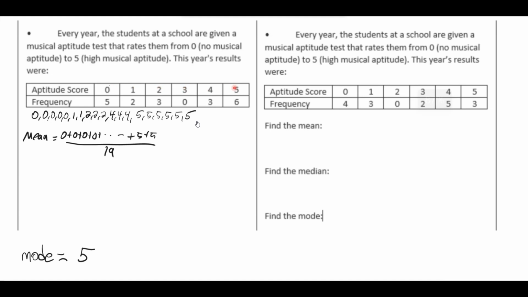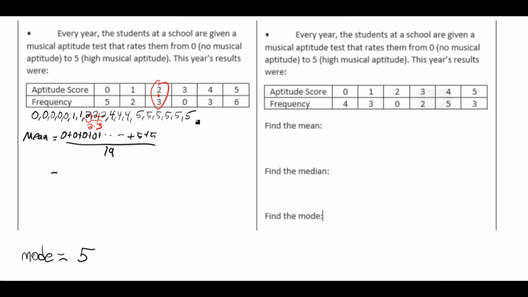So how would we do it? If I were to add these all up, notice that, for example, with the 2s, I'd have 2 plus 2 plus 2, but that can be written as 2 times 3. And we have those numbers right here. So if we multiply the score by the frequency, we will get the sum of those scores.